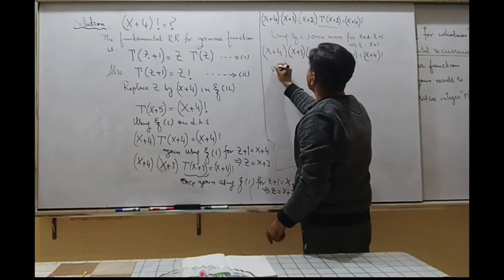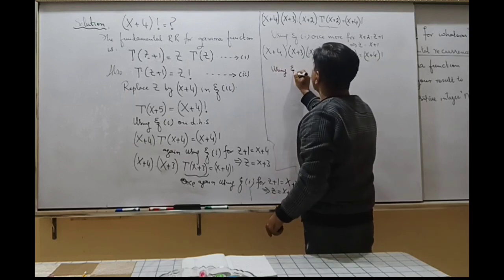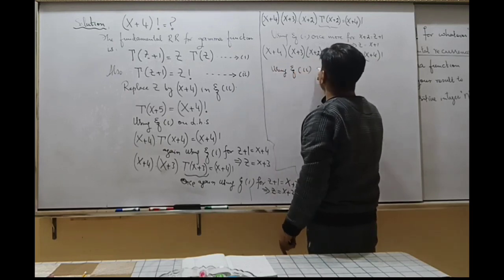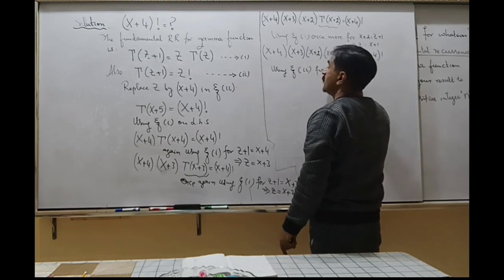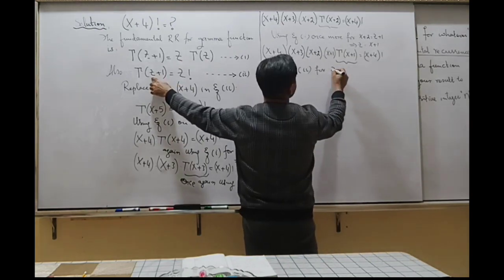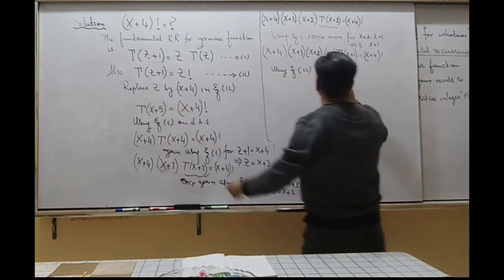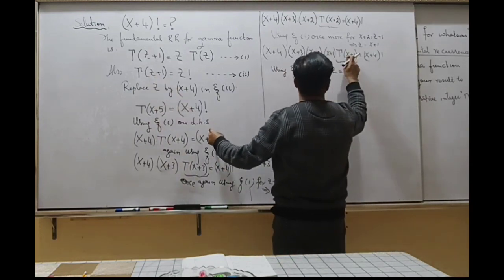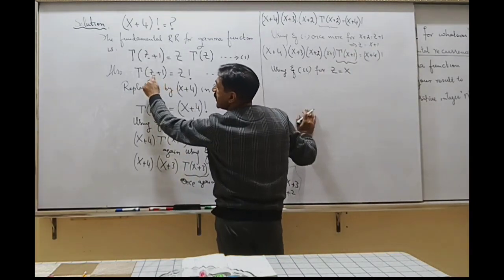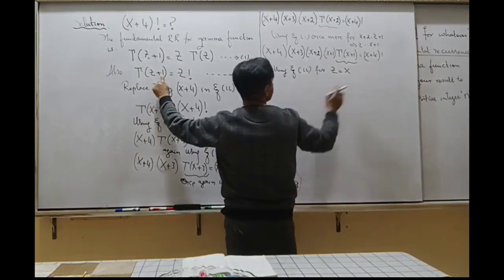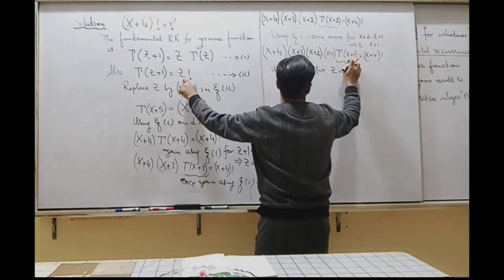So using equation number 2 for z equal to x, because when z is equal to x, gamma x plus 1, here z is equal to x, means gamma x plus 1. So this gamma x plus 1 is equal to x factorial.